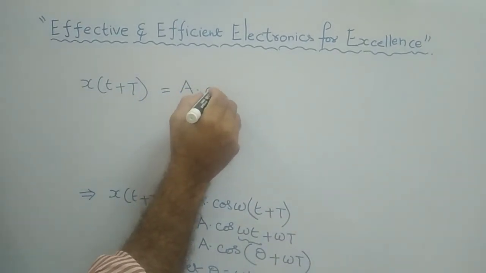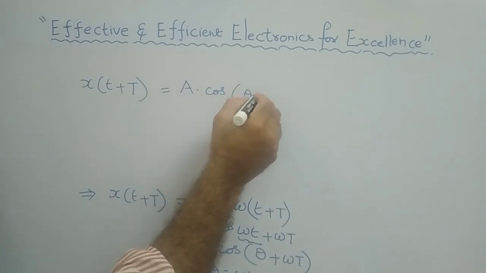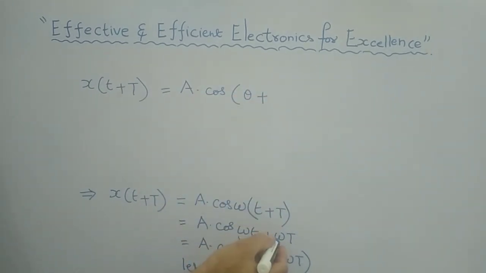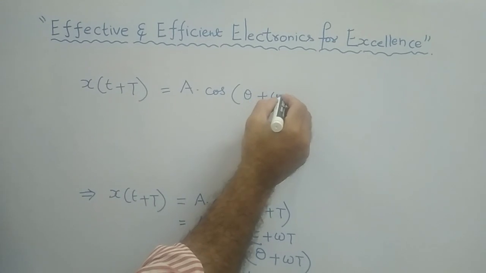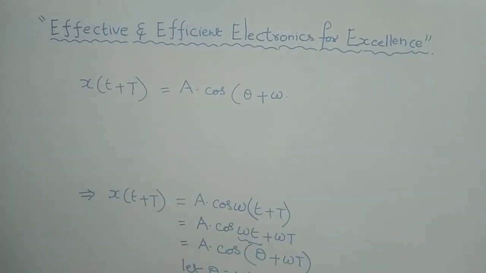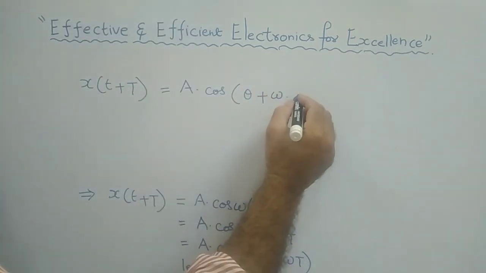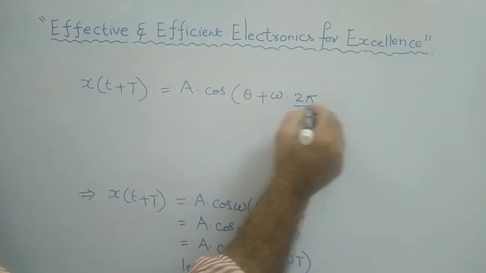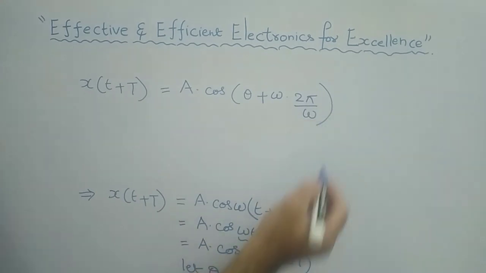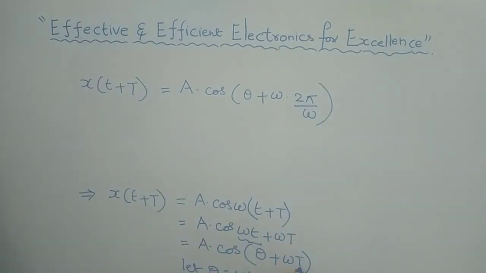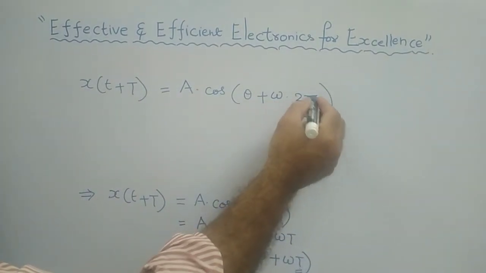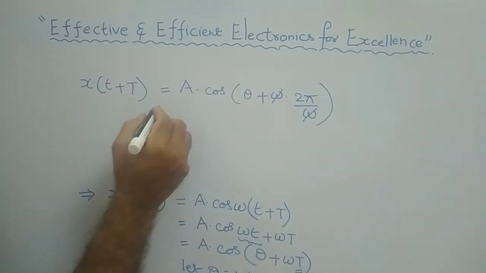A cos theta, actually clear, that is theta, omega let it be there. What is T actually? Just now we have seen, T is equal to 2 pi by omega. Already you have T now. In this T, you substitute that 2 pi by omega. Then this omega will cancel out.